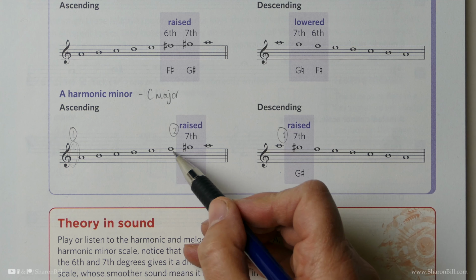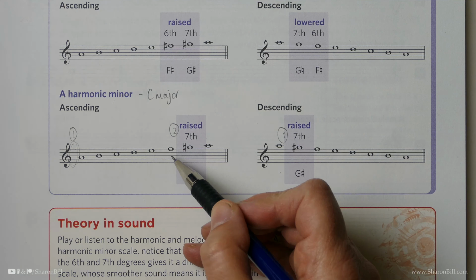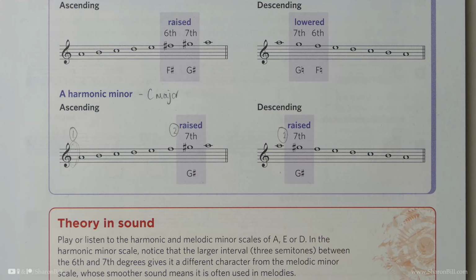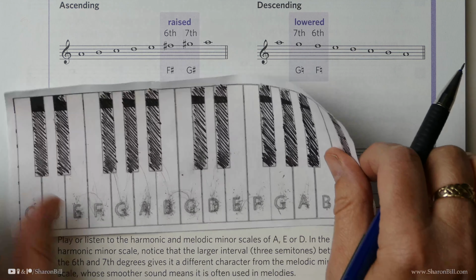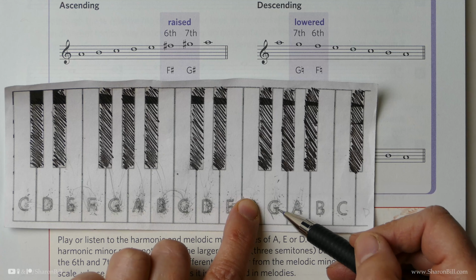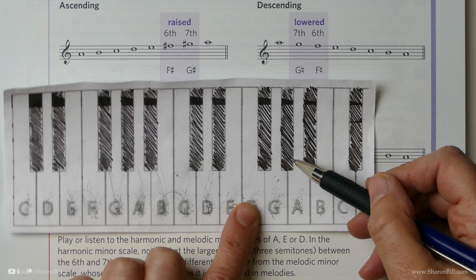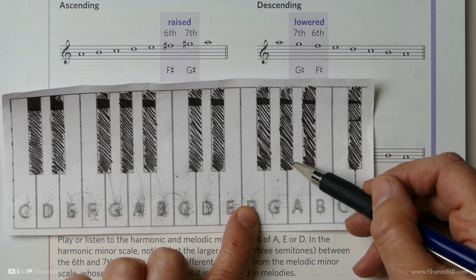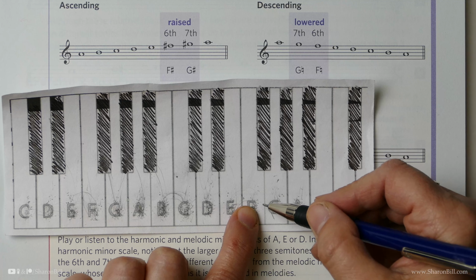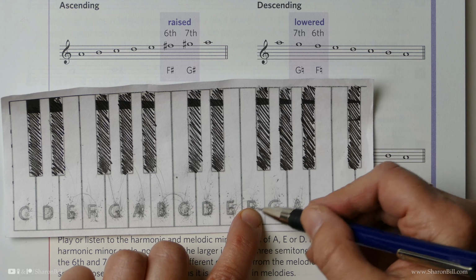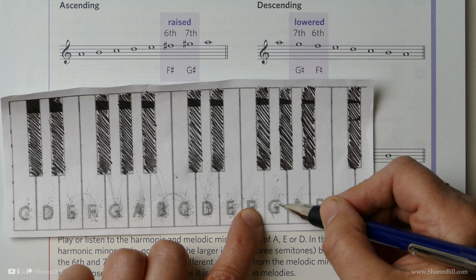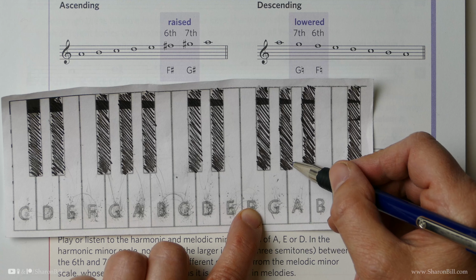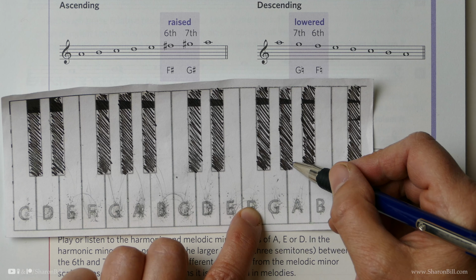However, this creates quite a large interval. It's an augmented interval, which is an awkward sounding interval. We're going from F a tone and a half, so 3 semitones up. It's the largest step that you can have for next door notes, really. So we've got F to G sharp, which is quite an awkward sounding interval.